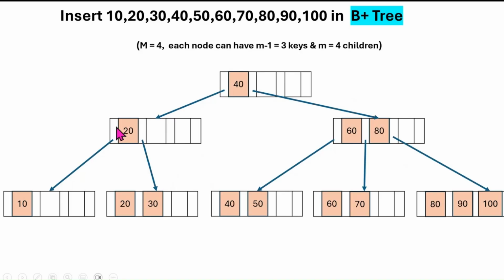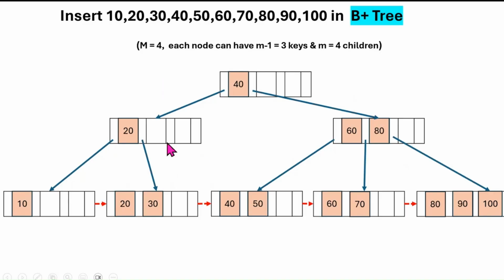They do not contain the actual data pointer to the rows; it will be present here only. The reason we store it here only is that in a B plus tree, the leaf nodes are connected to each other, so it becomes easy to traverse when the data pointer is present here. And it also helps in range queries.